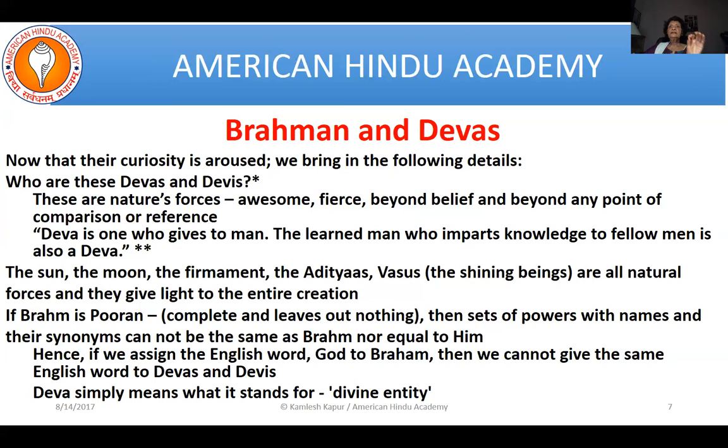So anything that gives us something is called Devata or Deva, which means the one who gives to man. The fire gives, the air gives, the water gives, Mother Earth gives. So we consider all these devas, and Earth itself is called Devi.